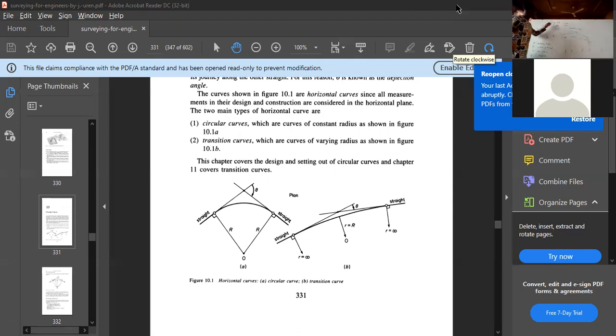But common sense tells me that if theta is smaller, then I'm approaching a straight road. It's like this. I'm just increasing this value, isn't it?